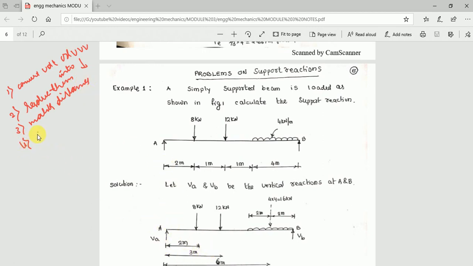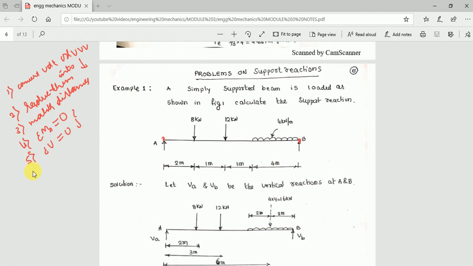Then equate the summation of M. You can choose either this support or that support, any one support, and equate the moment to 0. Then the summation of vertical forces is equal to 0. Upon simplification you will get the values; here there are two unknowns.